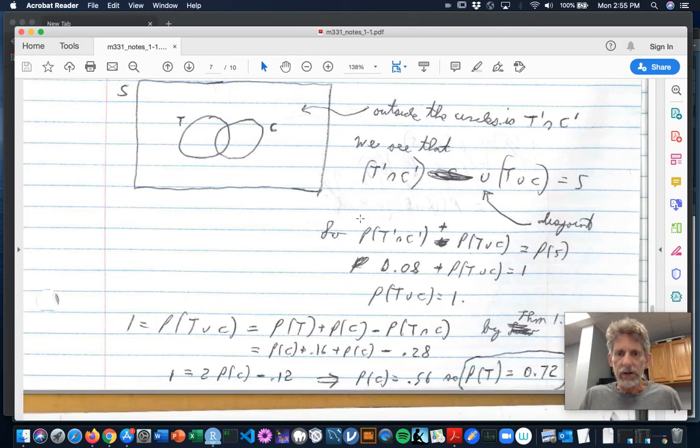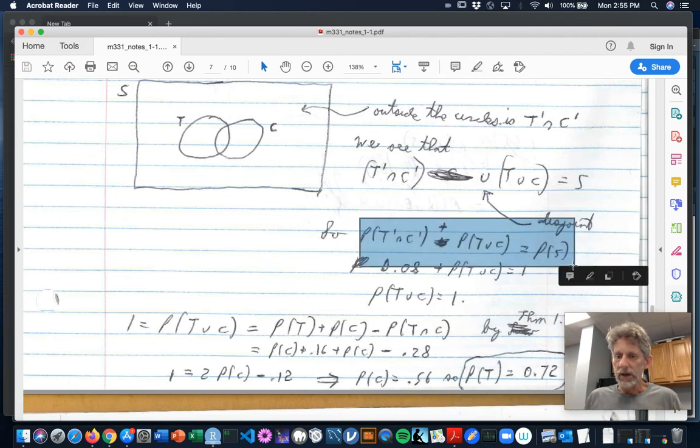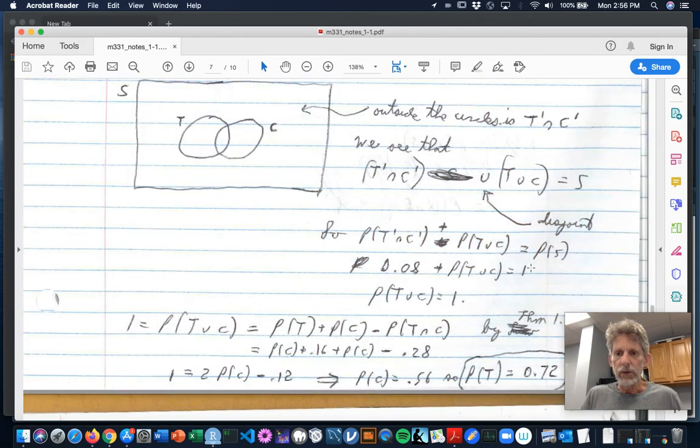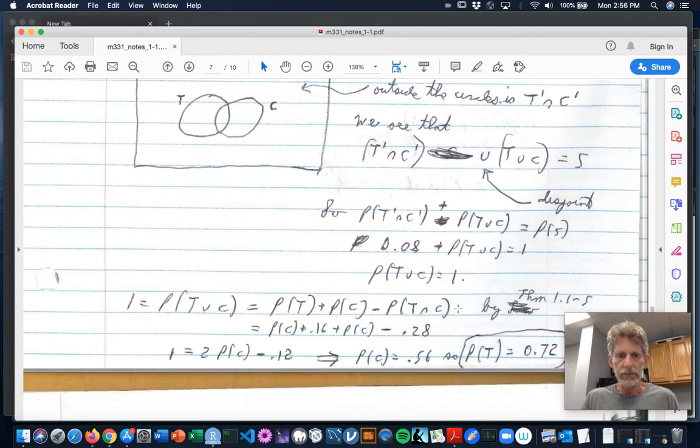So using those facts plus the third part of the definition of probability, we get that the probability of T prime intersect C prime plus the probability of T union C is the probability of S. And then using that the probability of S is 1, which is part of the definition of probability, and using the given information about the probability of T prime intersect C prime, we get this equation right here, from which we can algebraically compute that the probability of T union C is 1.